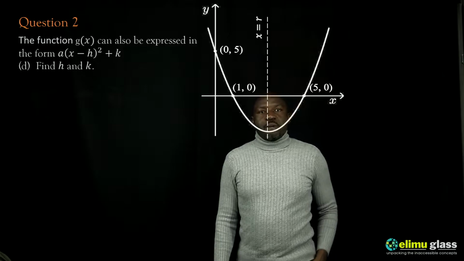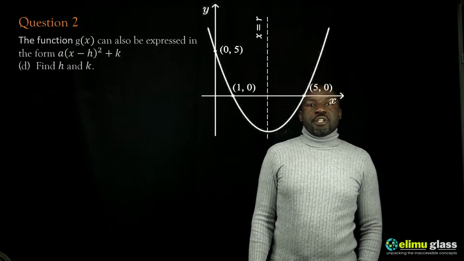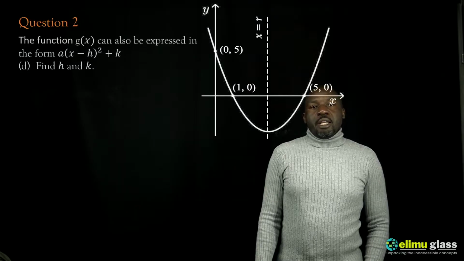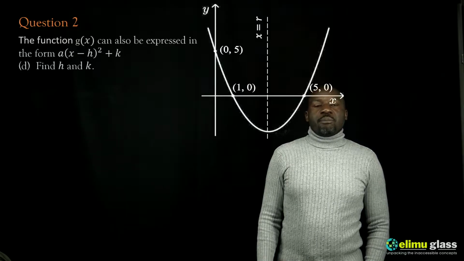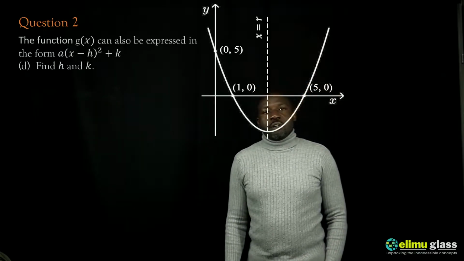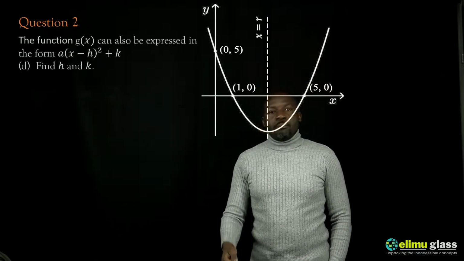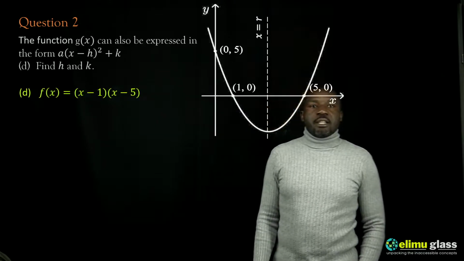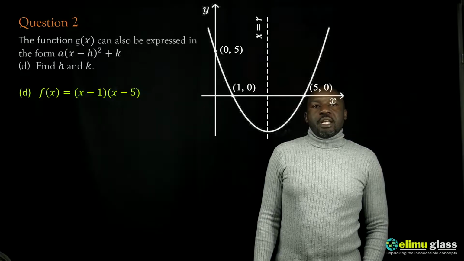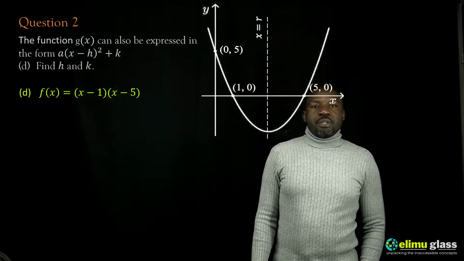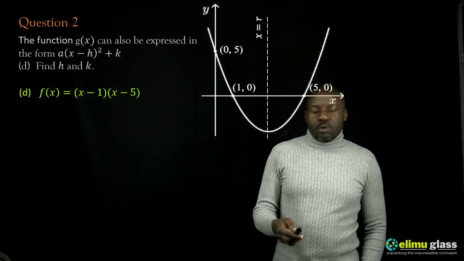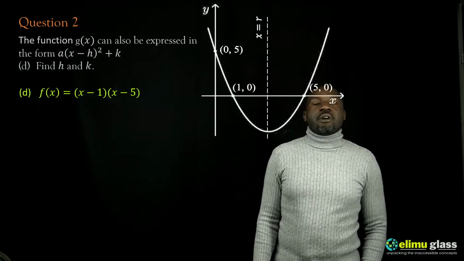The next part of question 2: the function can also be expressed in the form a into x minus h, squared, plus k. So basically in vertex form, find the value of h and the value of k. We've already done the bulk of the work. We know the value of a, we know the value of p and q. So this is the function once we substitute the information from the previous part.